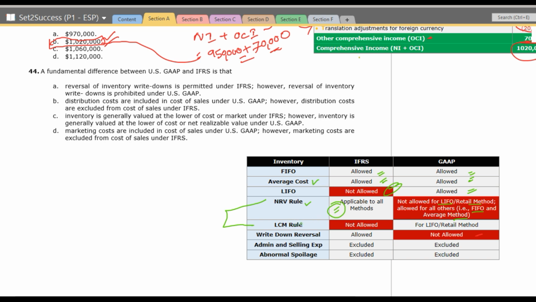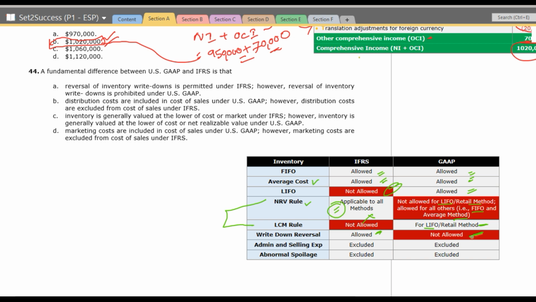Now, the LCM rule. The LCM rule is not allowed under IFRS, but the LCM rule, which is lower of cost or market rule, is allowed under GAAP, but it is only allowed for the methods where you are using LIFO and the retail inventory method. Now, write-down reversal. Write-down reversal is allowed under IFRS, but it's not allowed under US GAAP.